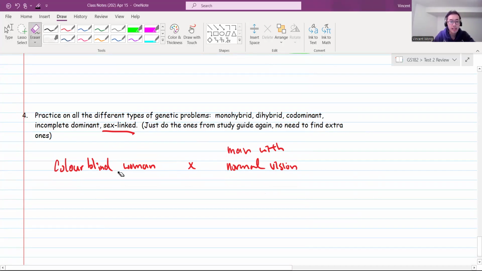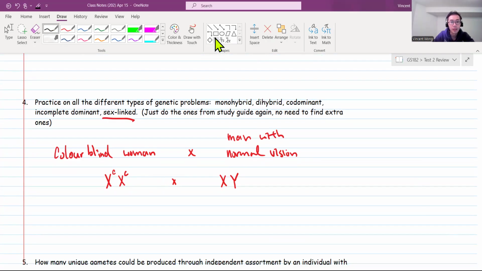Color blindness is an X-linked recessive condition. That means the woman who is colorblind is going to be XCXC. Both of her X chromosomes will have the colorblind gene. For the man with normal vision, it's just XY. We do not put the C on him because he doesn't have color blindness.